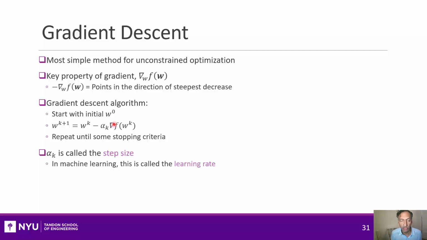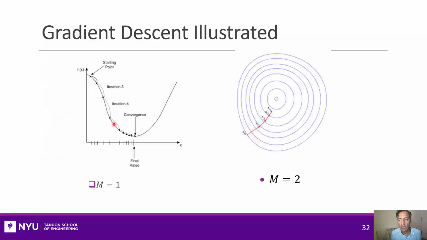I'm going to give you lots of programming examples of this in a moment, but let's just try to visualize what actually happens. First, let's take a look at the case of one variable. In this case, the gradient is just the derivative. Say you started this way. The derivative in this case is negative, so the negative of the derivative would be positive, and it would tell you to move in the positive direction.